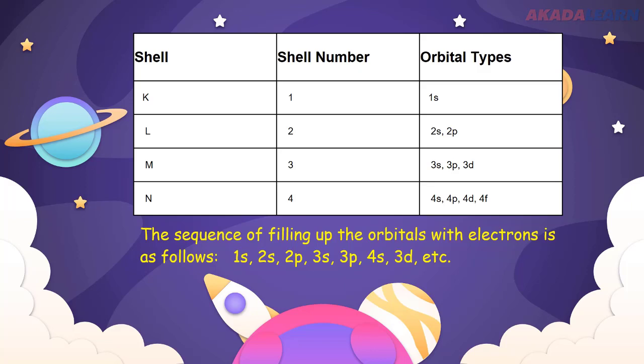So any one we fill before the other simply means that one is of a lower energy, e.g., 1s is of a lower energy compared to 2s, and 2s is of a lower energy compared to 2p, etc.